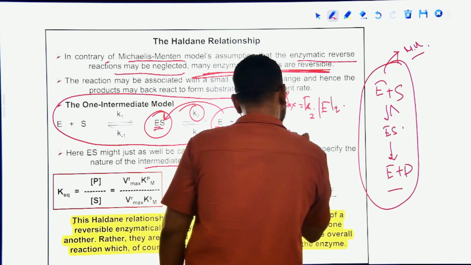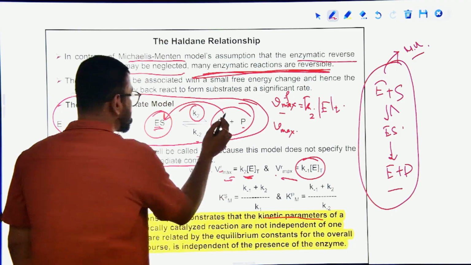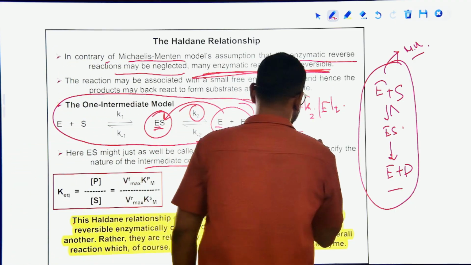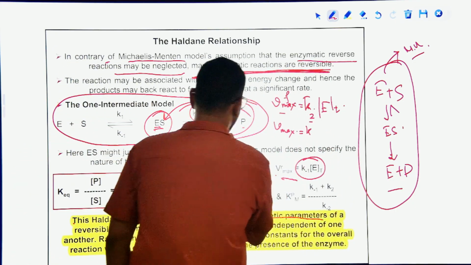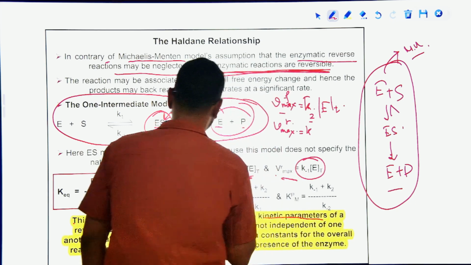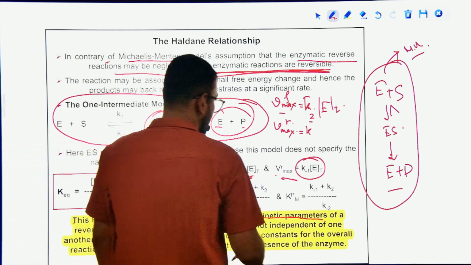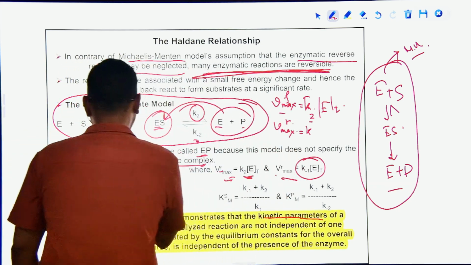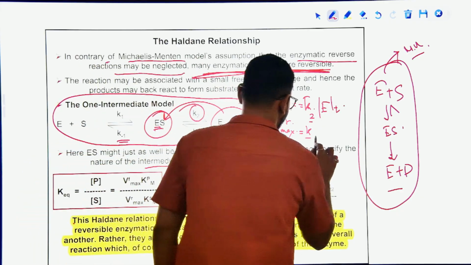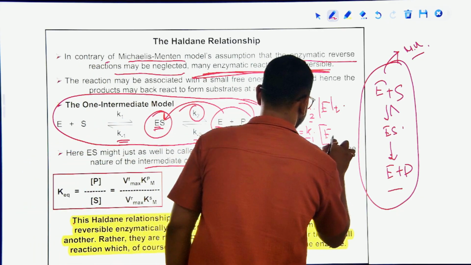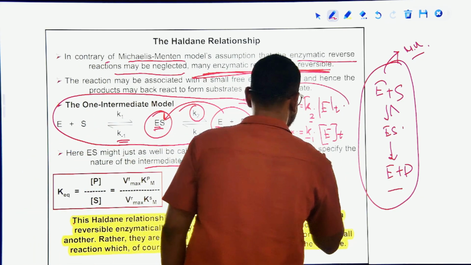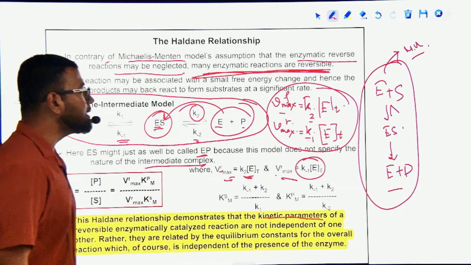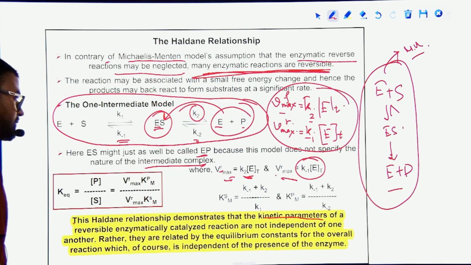If the reaction is reversible, then what is happening? K2 for forward and for reverse K minus 2. So both these aspects can be taken under consideration when it comes to the Haldane effect.